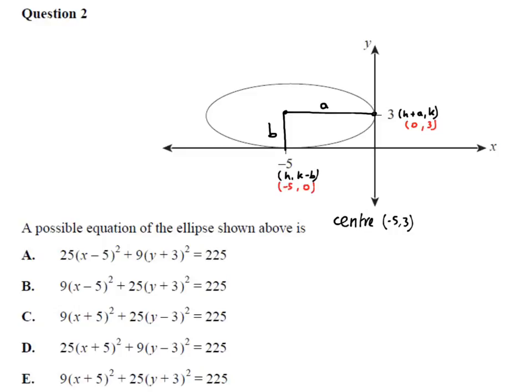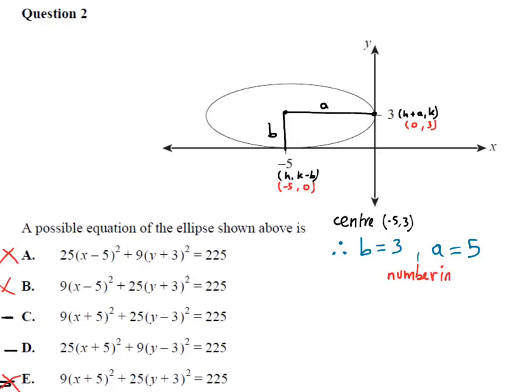And the same with the vertical axis here, which is b units long: k minus b, the one at the bottom, has a value of 0. So start at 3 and subtract b units to get to 0. From that we get b must be 3 units and a must be 5 units.